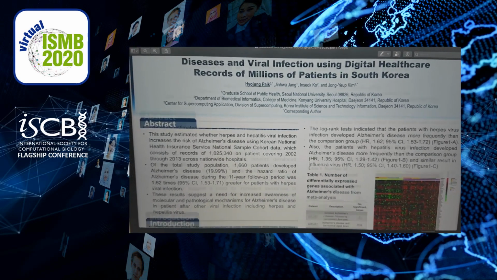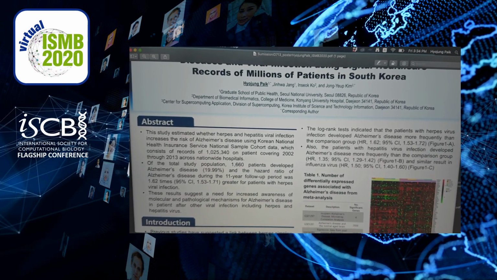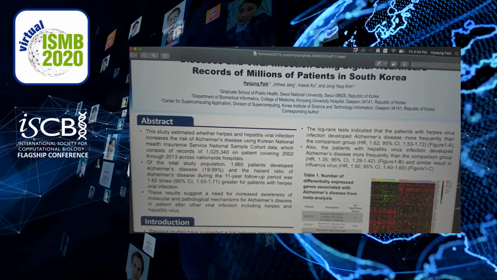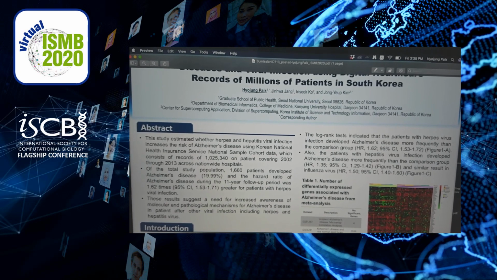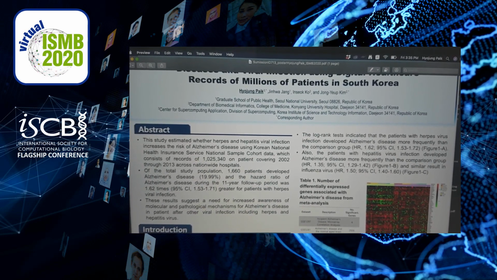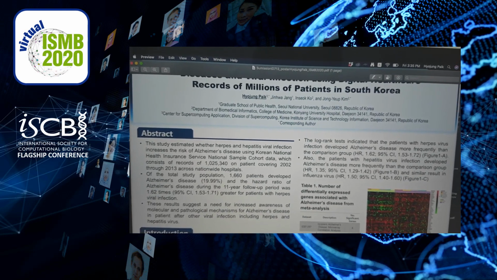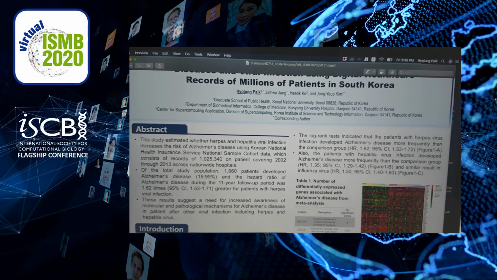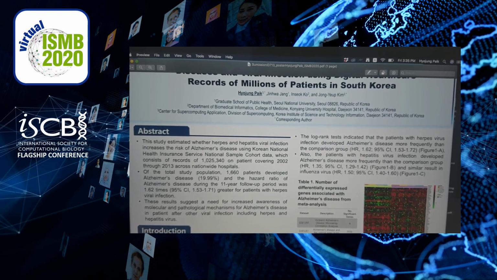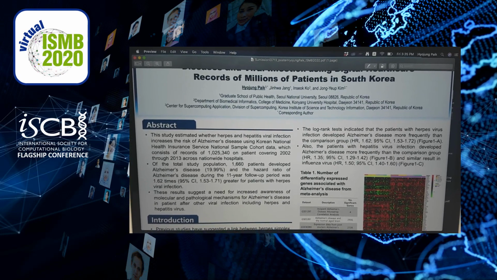Here's the abstract. This study estimates whether herpes and hepatitis viral infection increase the risk of Alzheimer's disease using a nationwide cohort digital healthcare record consisting of millions of patients covering 2002 through 2013 across nationwide hospitals.